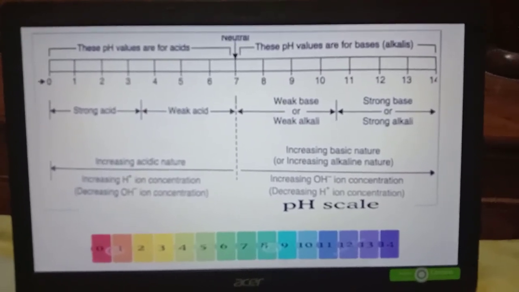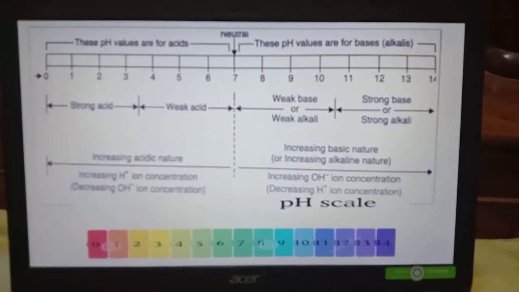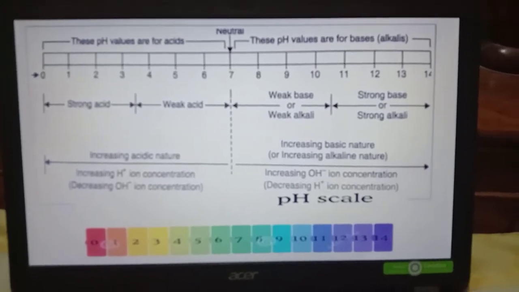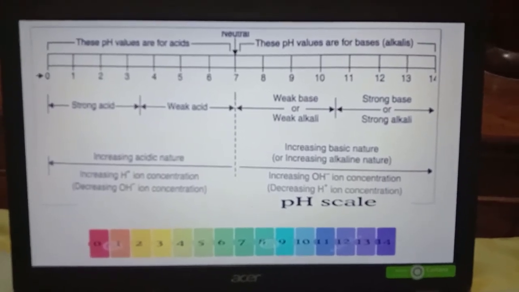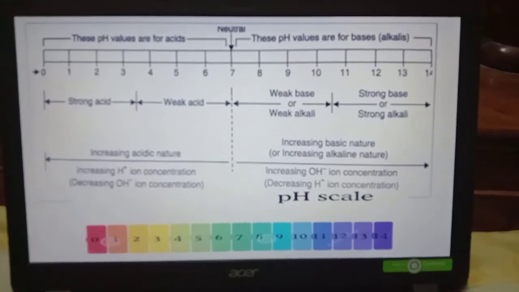Likewise, I can say that when I am moving from left to right on the pH scale from 0 to 14, hydrogen ion concentration will keep on decreasing. Why? Because after 7.1, the basic character starts increasing.